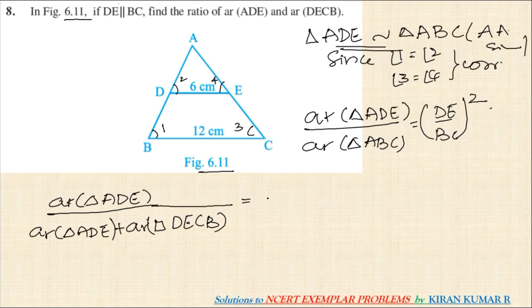This will be equal to, the sides are known, BC is 12 and DE is 6, whole square.